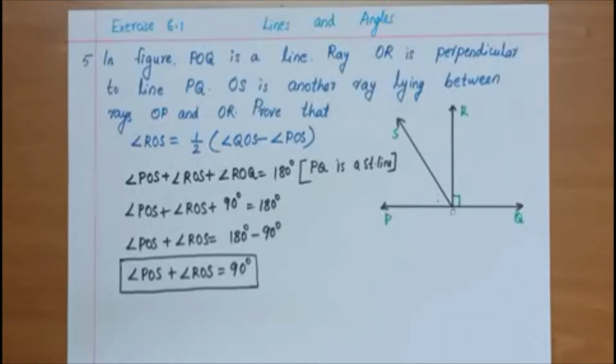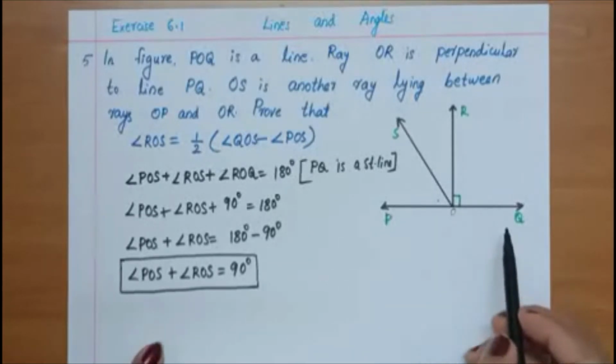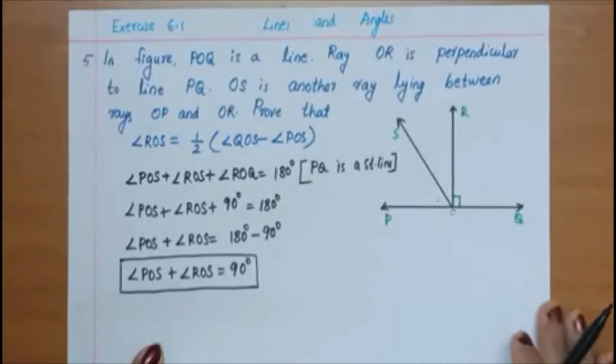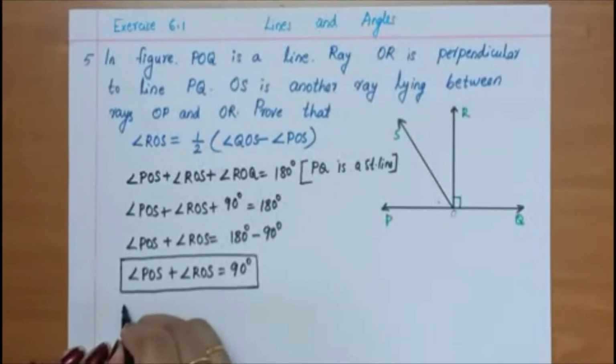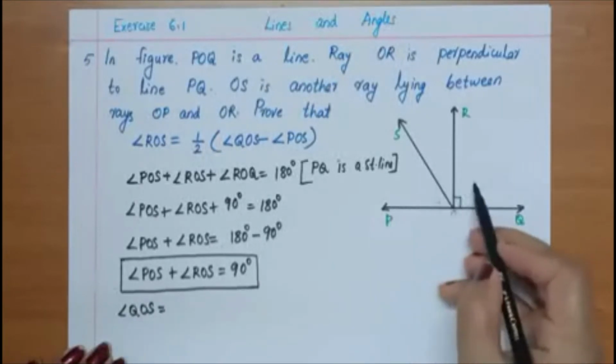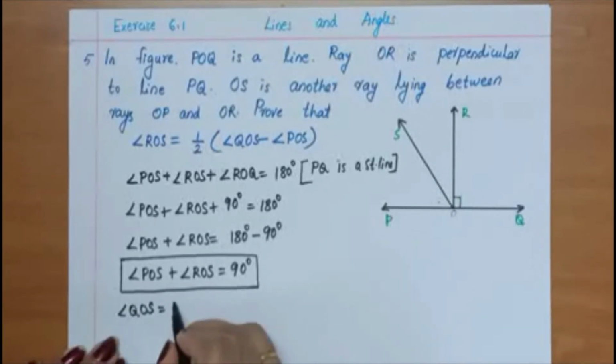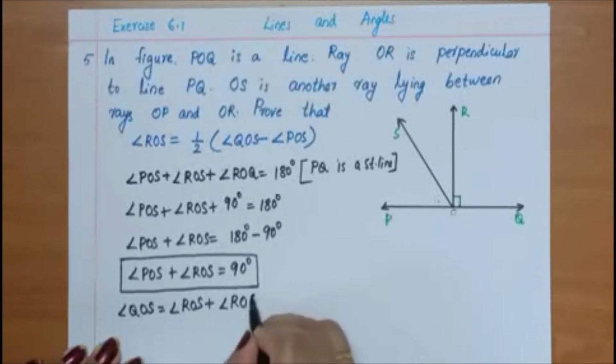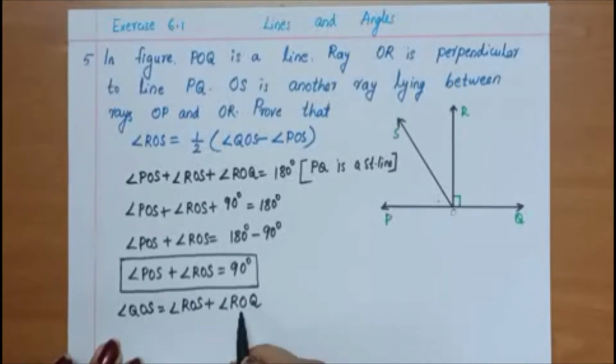We have found that. Then angle QOS. What is angle QOS? Angle QOS will be the sum of these two angles, that means angle ROS plus angle ROQ. We know that angle ROQ is 90 degrees.